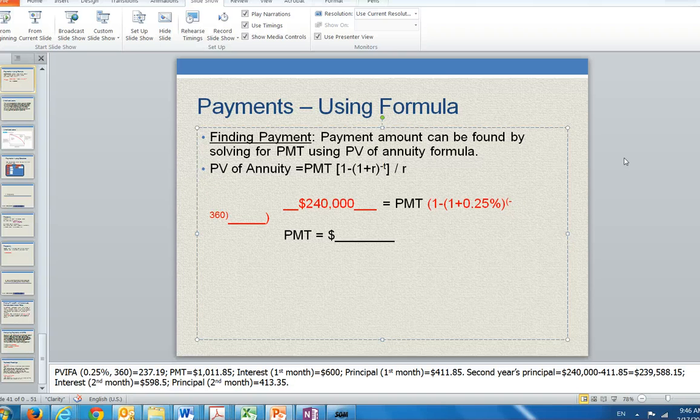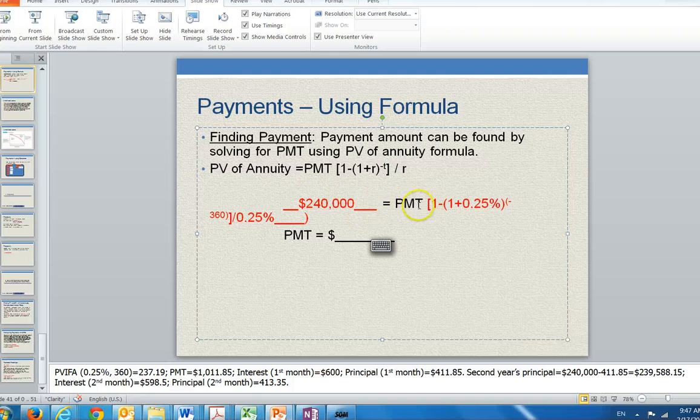So that's 1 minus (1 plus the interest rate) raised to the power of negative t, and this whole thing divided by the interest rate, 0.25%. So that's when we plug the numbers into this formula.